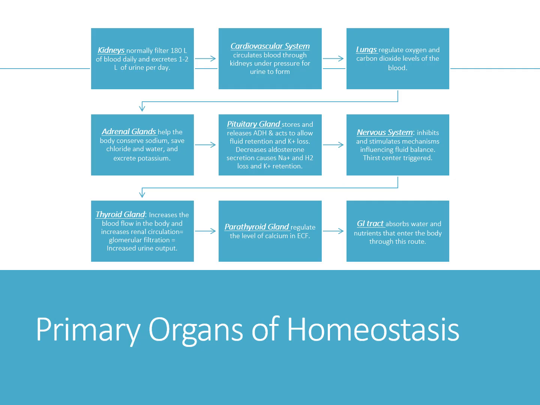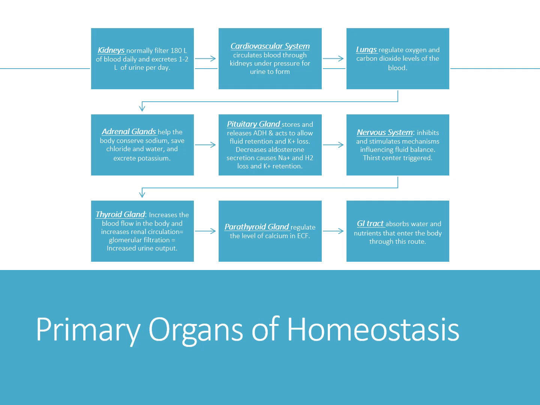The thyroid gland releases thyroxine, which increases renal circulation, enhancing filtration and urinary output. The nervous system regulates thirst and fluid intake through the hypothalamus. Osmoreceptors detect changes in the extracellular fluid concentration and then signal the pituitary to adjust the antidiuretic hormone levels accordingly.